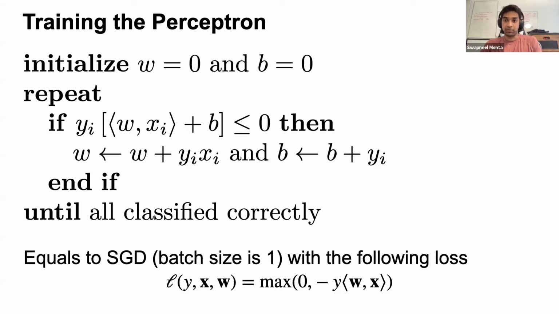Then you have to update your weights by a certain value, and end after all of them are classified correctly. This is similar to stochastic gradient descent, with the loss considered as the maximum of 0 or the negative of y times your prediction.